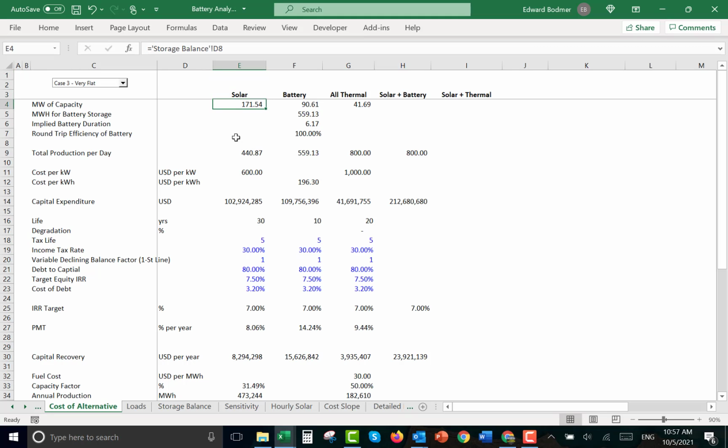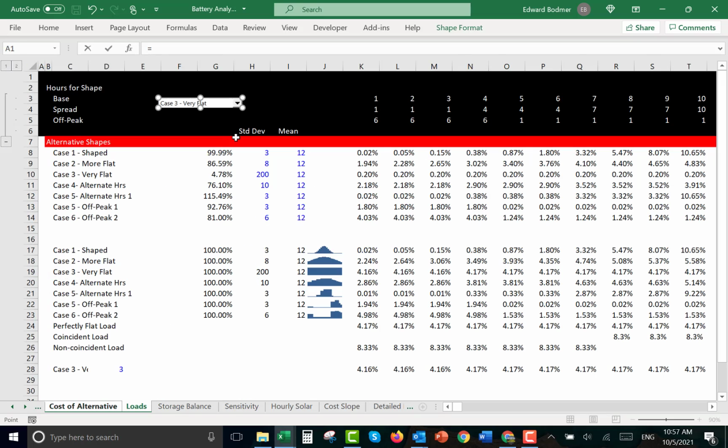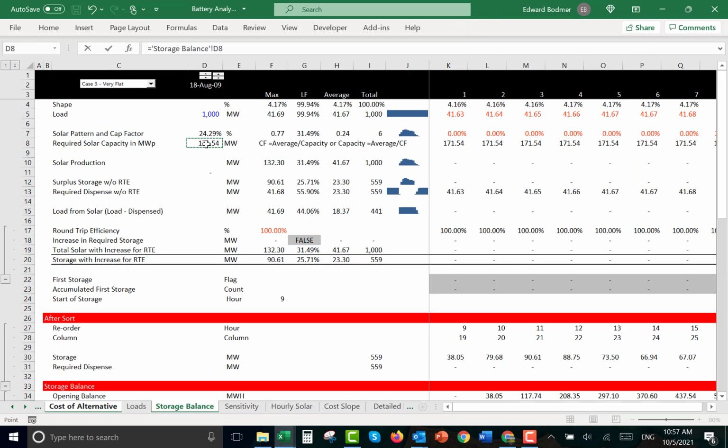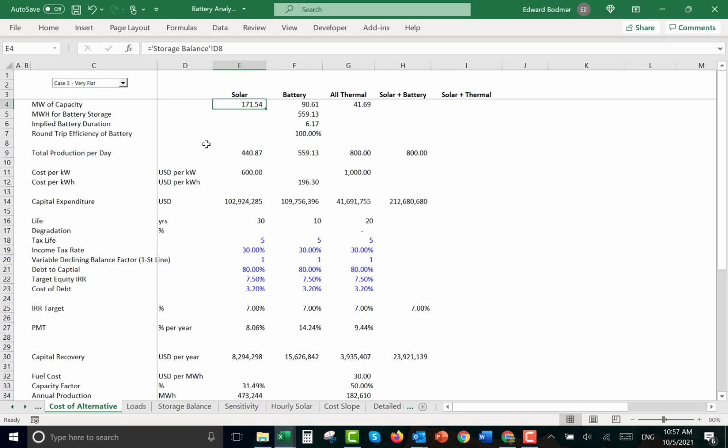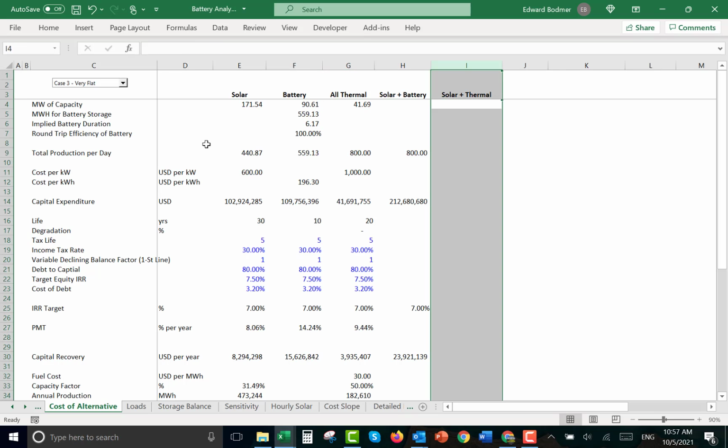So let's proceed. Okay, the very first thing let's do is recognize that when we did this in part 1, we said, okay, we get this for our solar. This is the amount of solar we need if we're going to have solar plus battery.